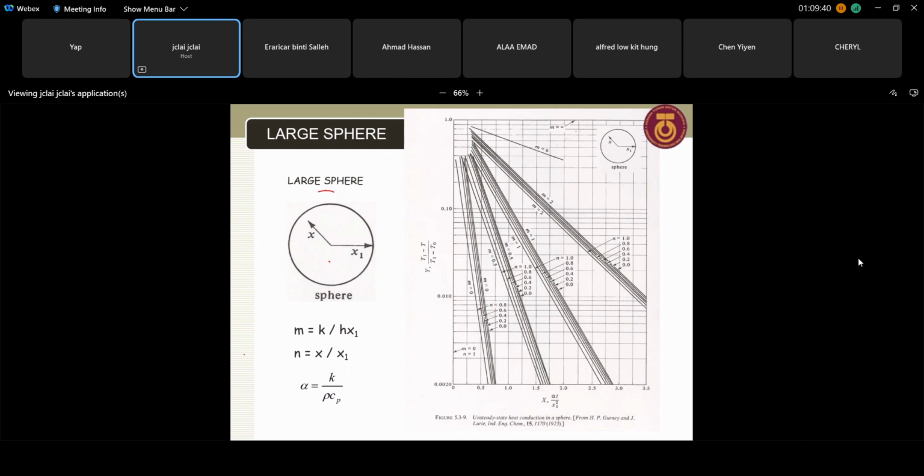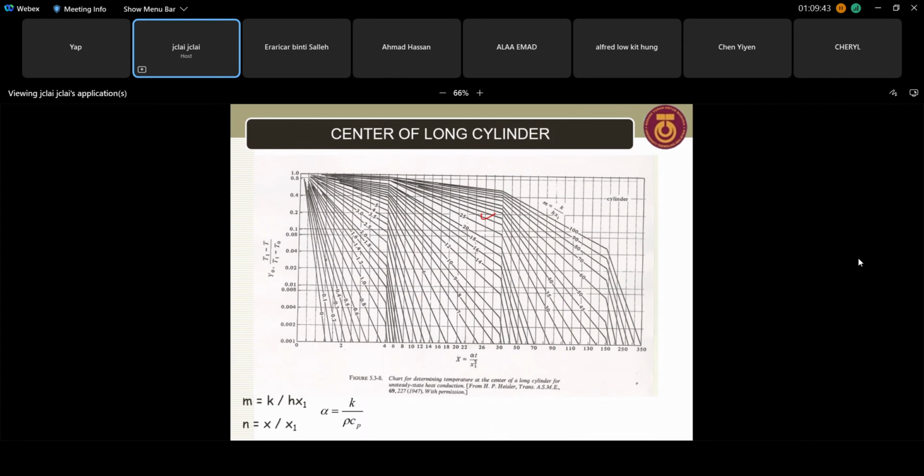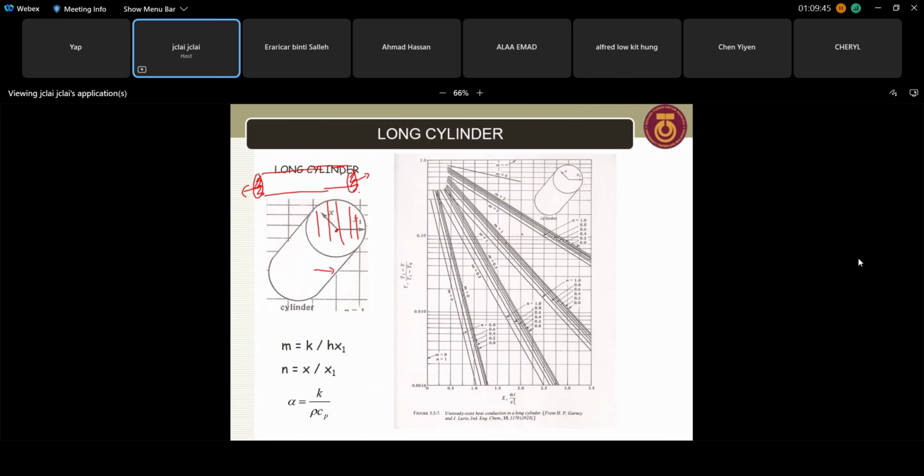So basically we neglect the heat loss through the two ends. But in some cases, let's say the cylinder is not so-called very long, very large, then you have a finite cylinder, meaning heat loss through these two surfaces is significant.